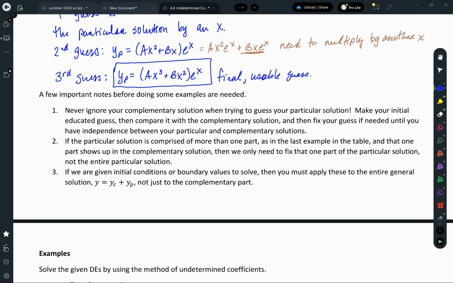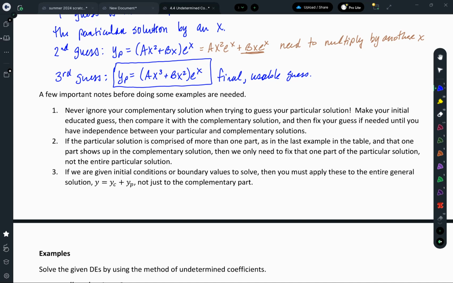Two, if the particular solution is comprised of more than one part, as in the last example in the table, and that one part shows up in the complementary solution, then we only need to fix that one part of the particular solution, not the entire particular solution. In fact, if you do try to quote unquote fix the whole particular solution and there were parts that didn't need it, your work will not work out for you.